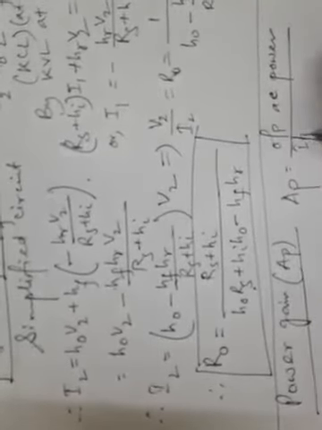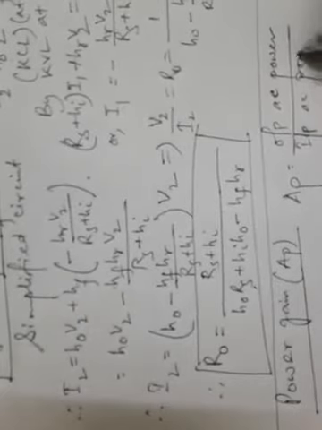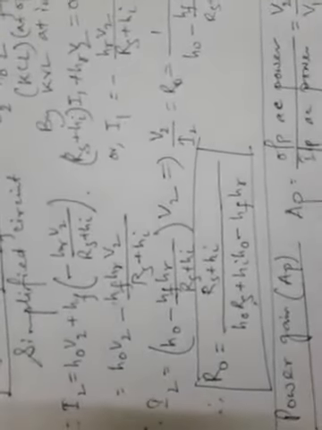Output AC power means voltage into current. Now output voltage means V2 and output current means load current IL. So V2 IL divided by input, V1 is the input voltage and I1 is the input current, so V1 I1.